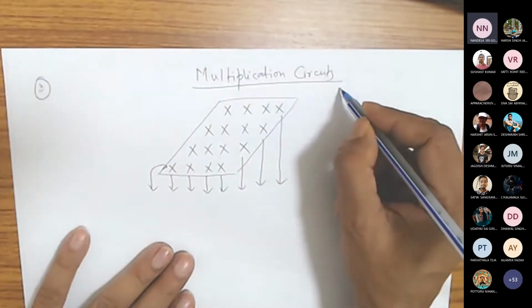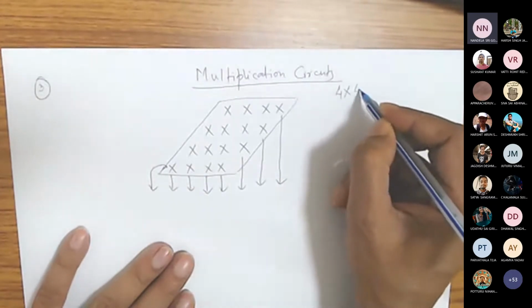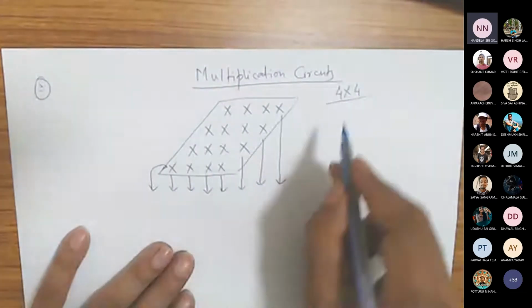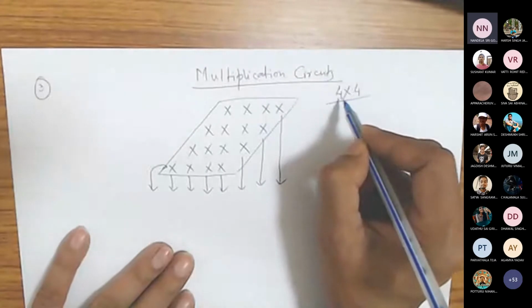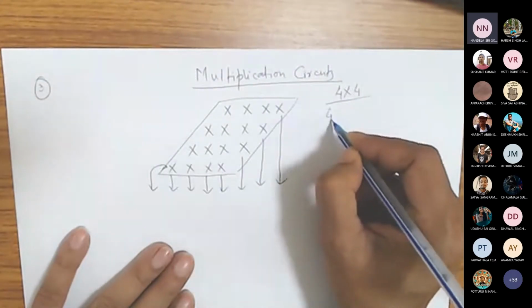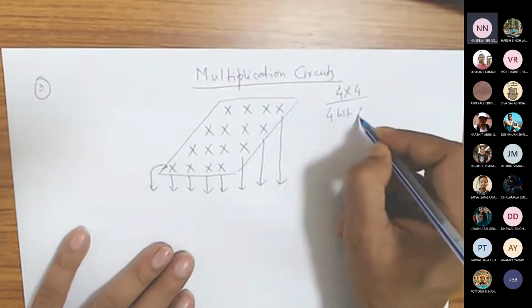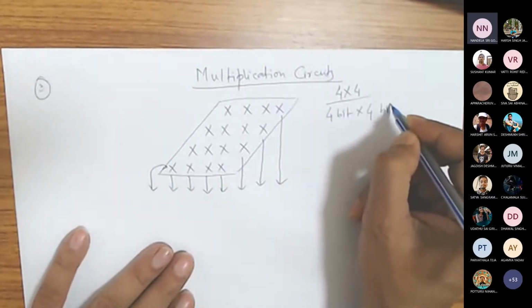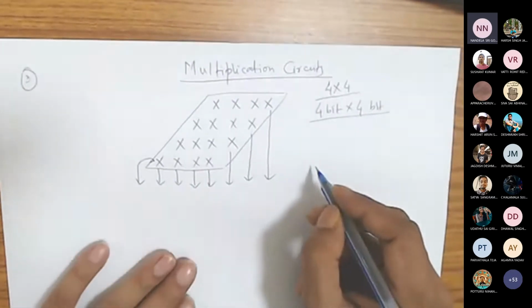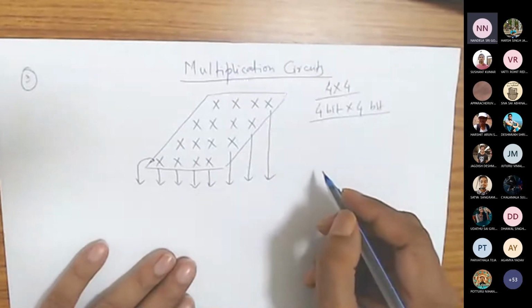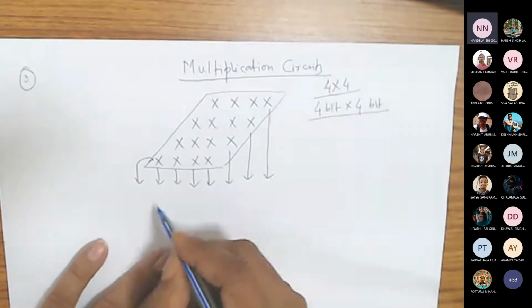These are not numbers, these are 4-bit numbers, so 4 cross 4. One 4-bit number is multiplied by another 4-bit number. You can get a maximum 8-bit result. So this will be the result.